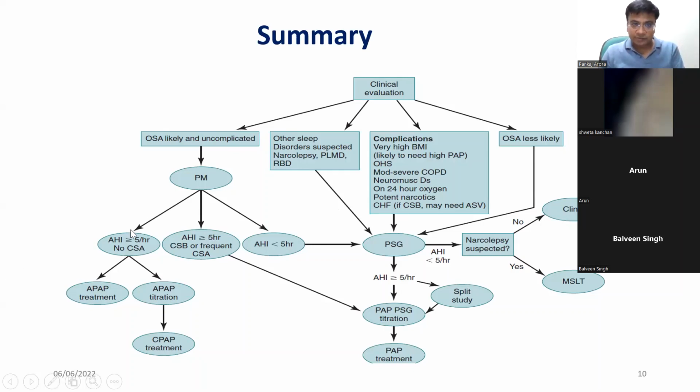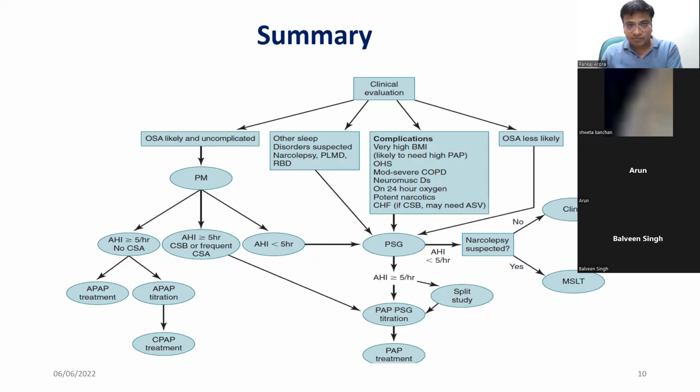Now we need to look at whether the AHI is more than 5 per hour but with no central sleep apnea, then we can do APAP titration or CPAP titration. But if a patient has an AHI more than 5 but with CSB or frequent CSA, then we should look for PAP PSG titration. Then we should go back to level 1 PSG titration.